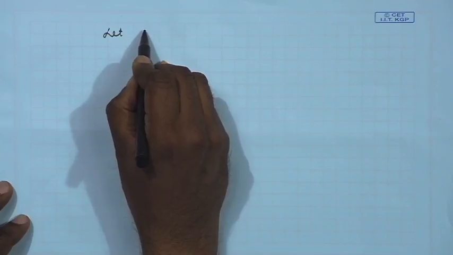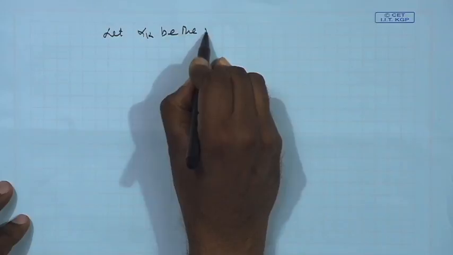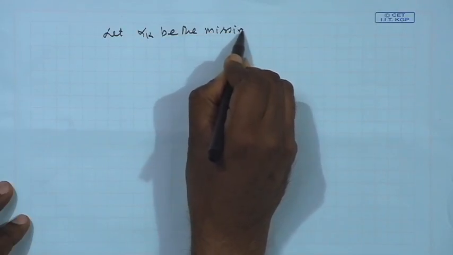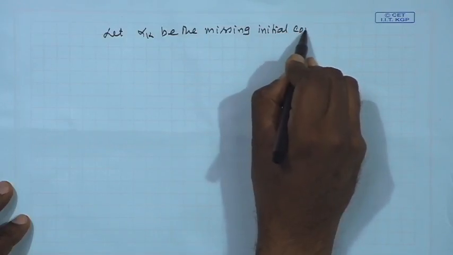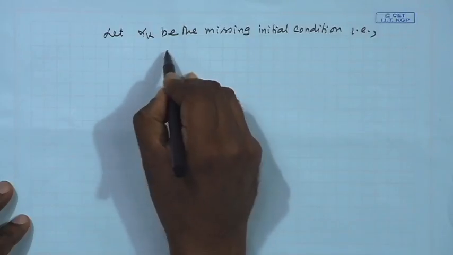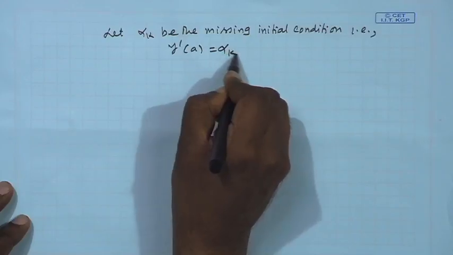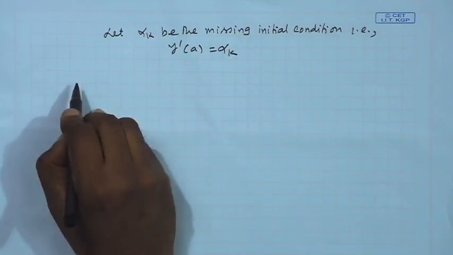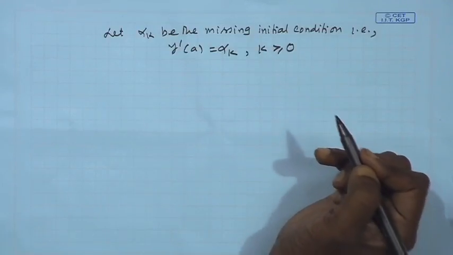So, at each iteration, let alpha k be the missing initial condition. That is, y dash a equal to alpha k. K is some number k greater than or equal to 0.